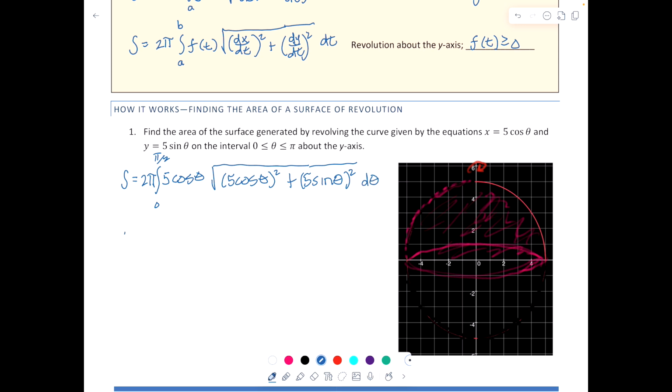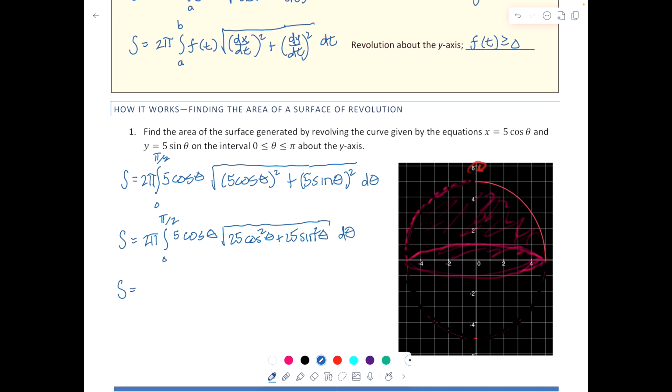Awesome. So S will be 2 pi, we'll simplify now, times the integral from 0 to pi over 2 of 5 cosine theta times the square root of 25 cosine squared theta plus 25 sine squared theta with respect to theta.